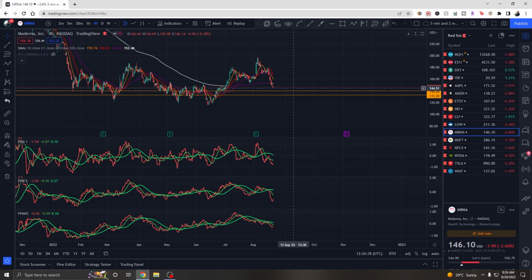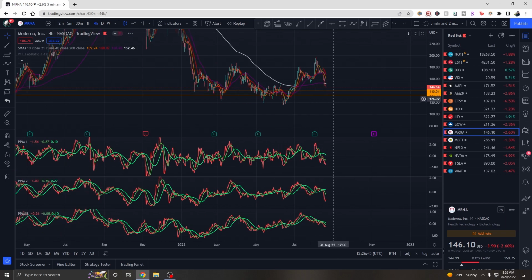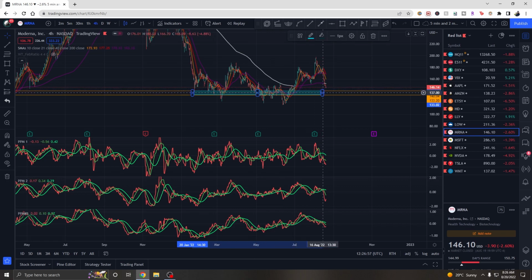That means the bottom is near, and I think when we see this 140 retest or 133 retest, we will start curling back up, because this zone, let me mark it over here, this zone will act as a demand zone or the support zone.